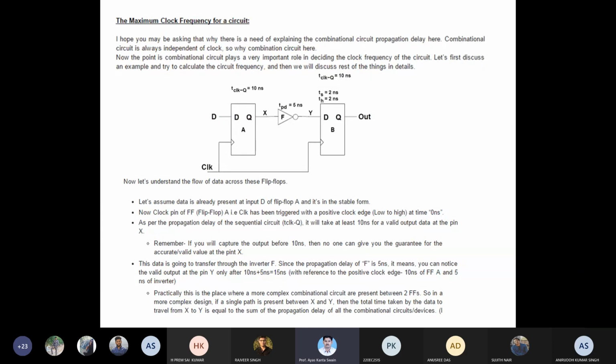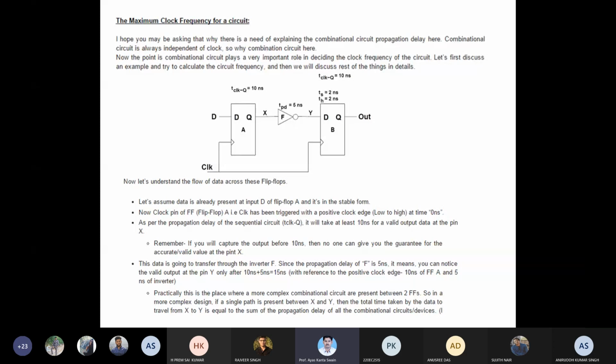Then it encounters the combinational logic delay TPD equal to 5 nanoseconds, and the total delay is 10 plus 5, which is 15 nanoseconds.